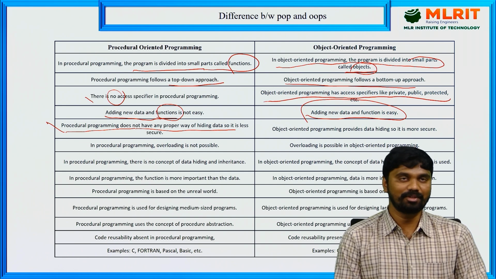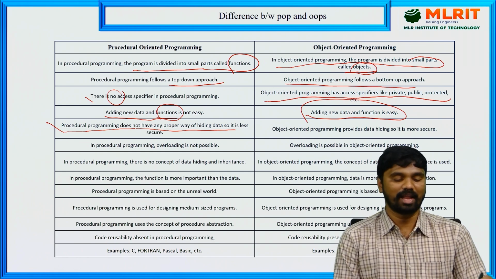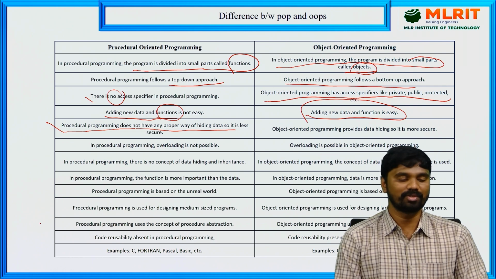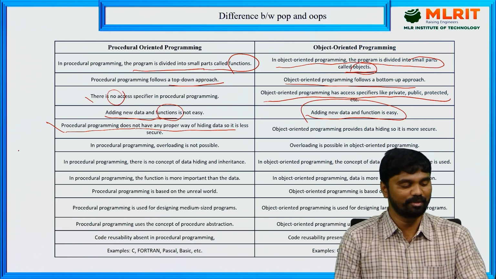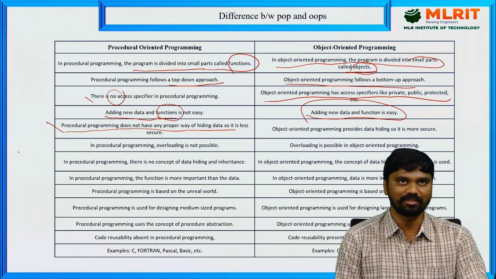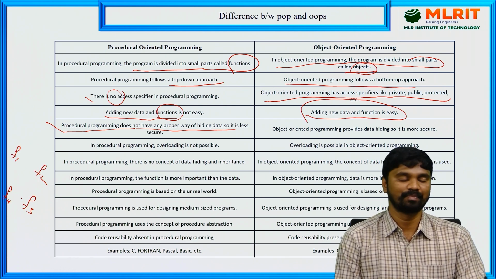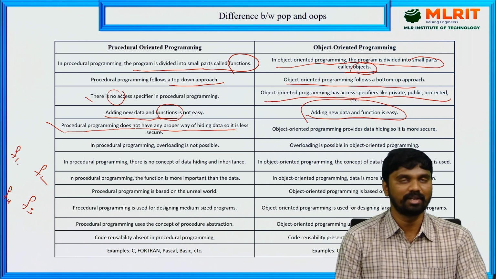In procedure oriented programming languages we get less security. For example, there are 4 functions in a program: F1 function, F2 function, F3 function and F4 function, and these 4 functions are going to access one global memory.